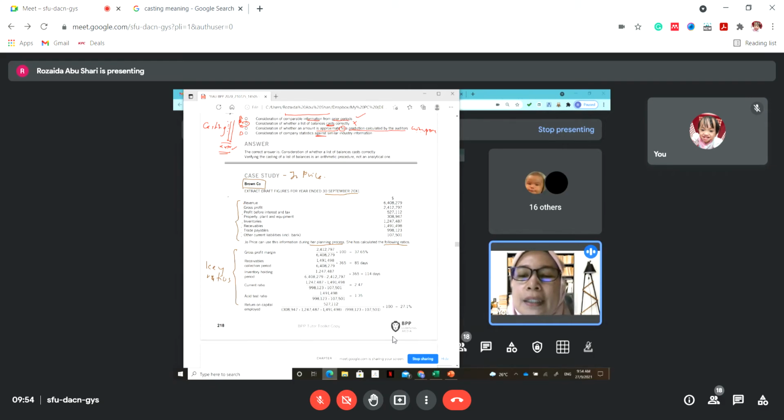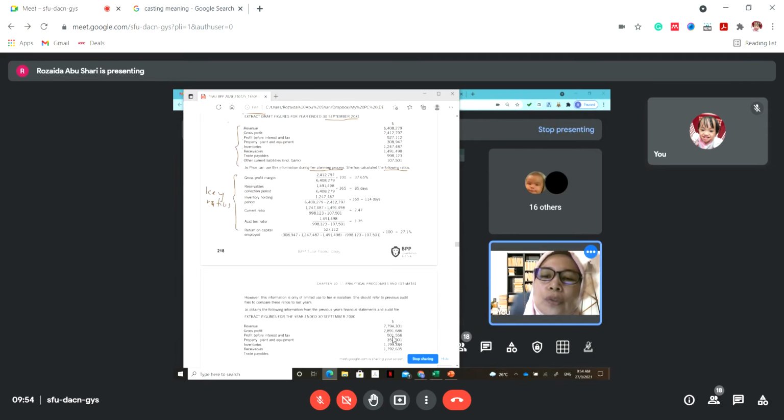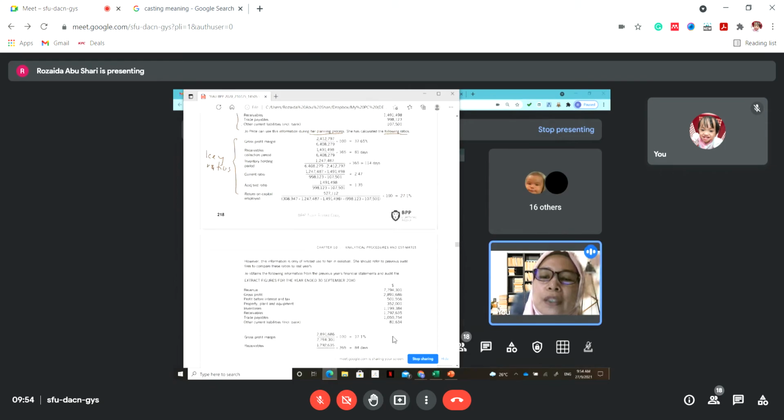So they calculate the gross profit ratio, gross profit divided by revenue, receivable collection period, average inventory holding period, current ratio, acid test, and return on capital employed. These are the ratios Joe Price identified.